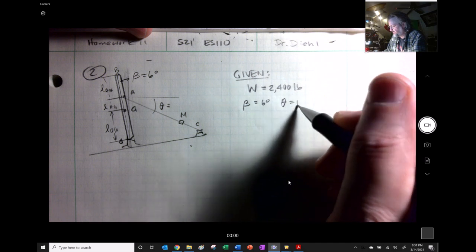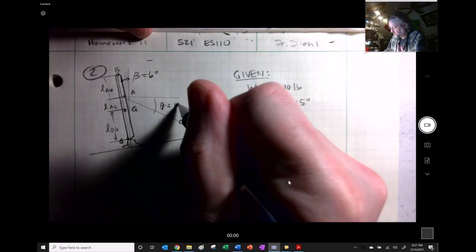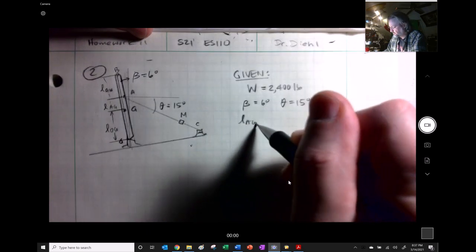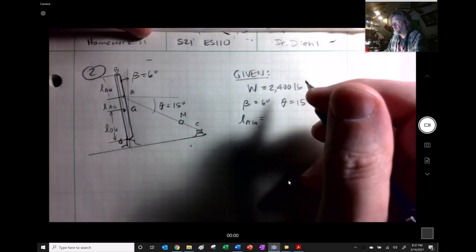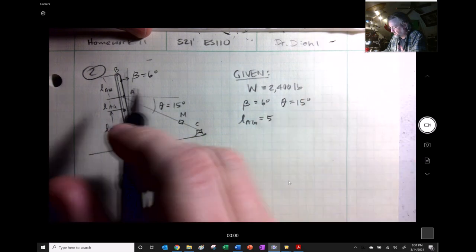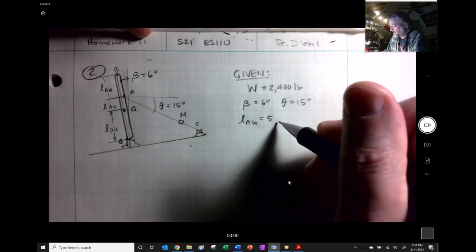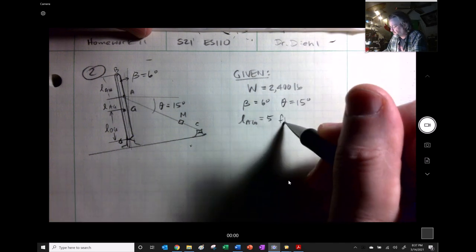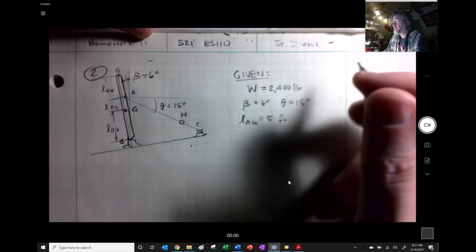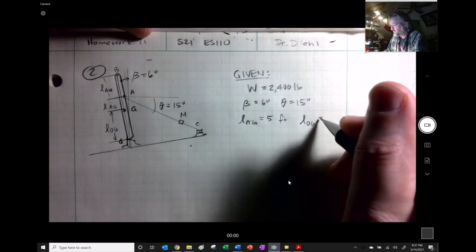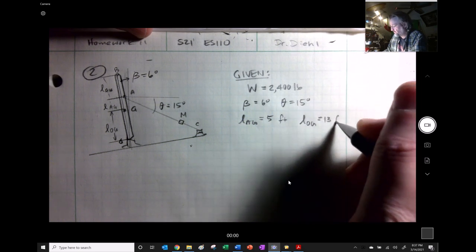Theta is 15 degrees. LAG is 5 feet. So we've attached the rope 5 feet higher than the middle of the log, basically. And LOG is equal to 13 feet.